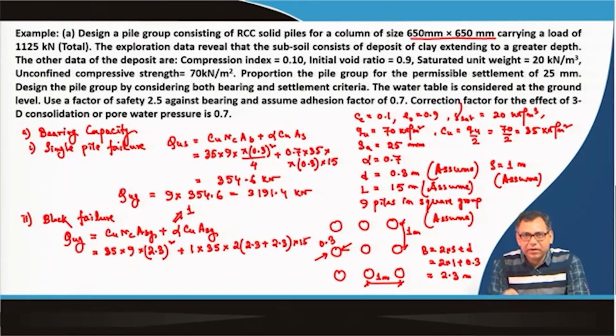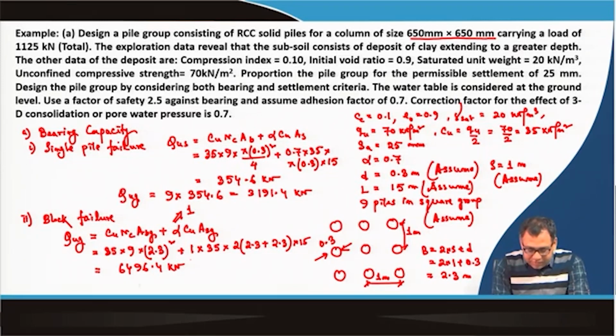Perimeter into the length will be the surface area. So that is equal to 6496.4. That is the load carrying capacity of the pile considering block failure.